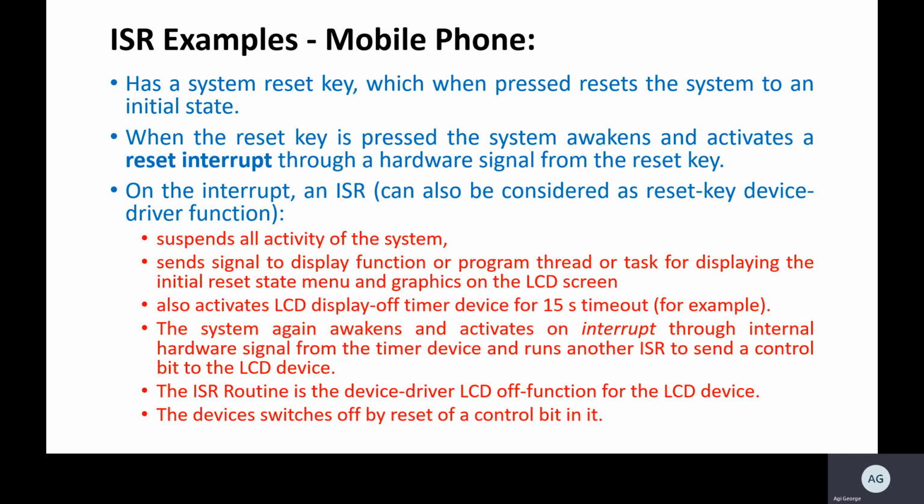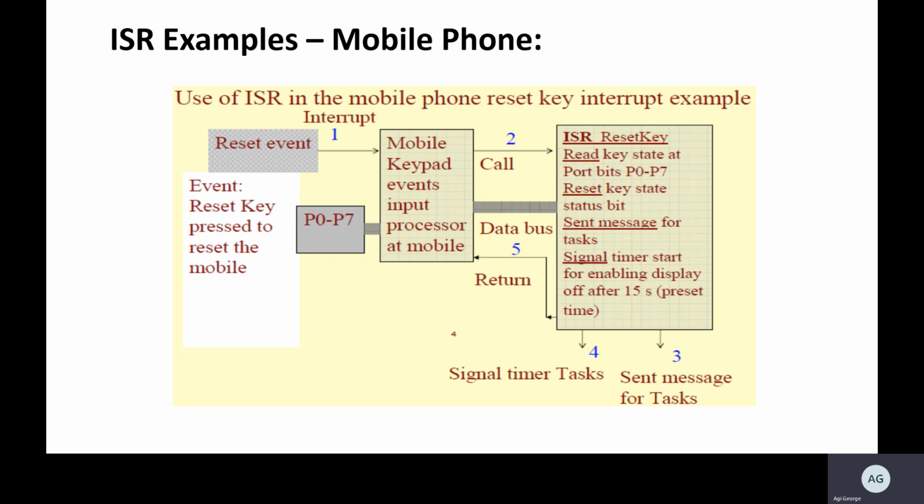Then after that, the system awakens and activates the interrupt through an internal hardware signal. And it also runs another ISR to control the bit to the LCD device. So that is how the reset works. This is an example which shows you how the ISR for a reset interrupt works.